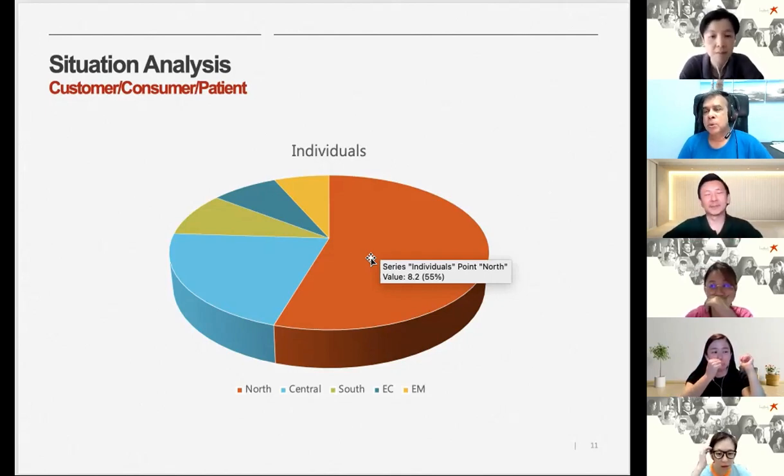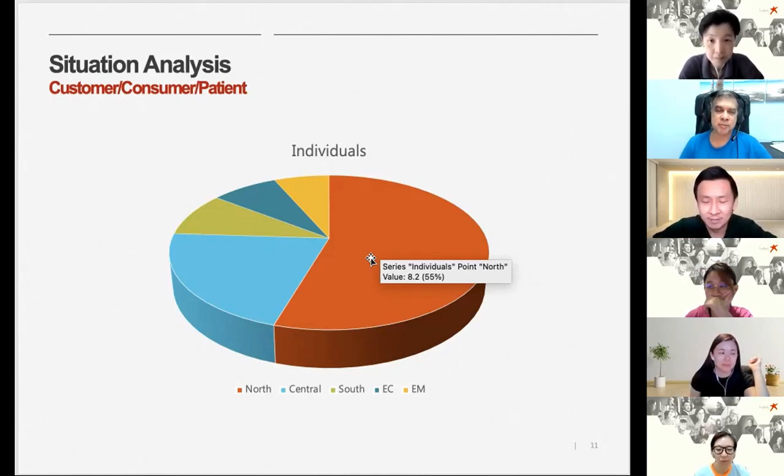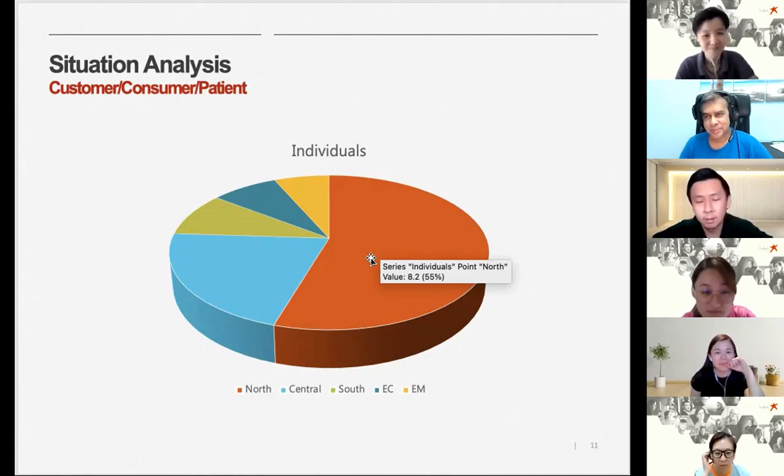Serena, what do you think? Are all three of them right, that the bulk of the patients are coming from the north? Is their interpretation correct? If it's 55%, it's not like an equal share. So I think it's quite correct.